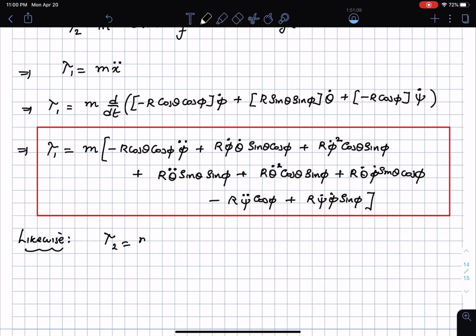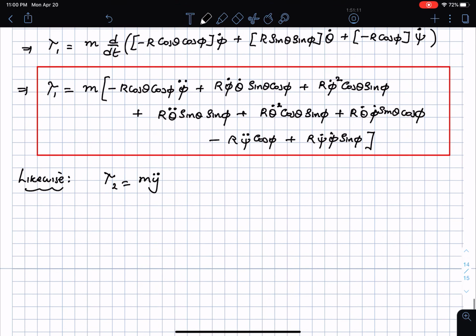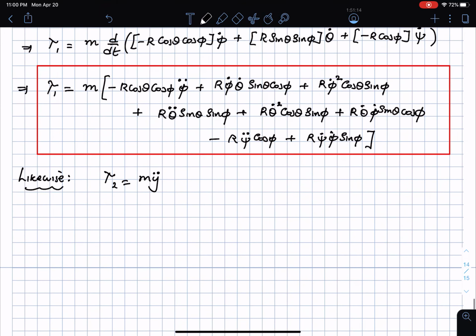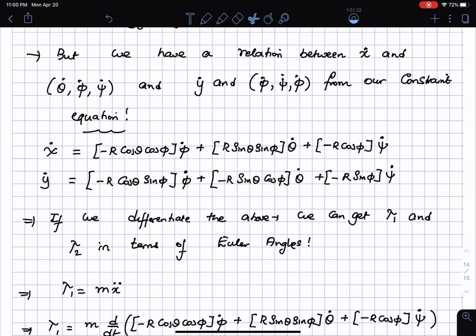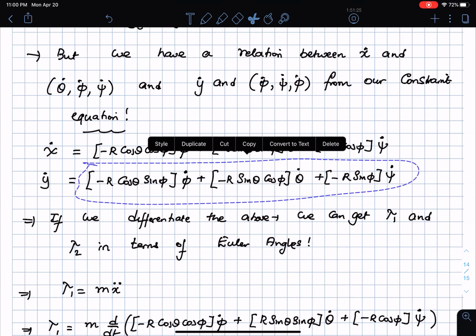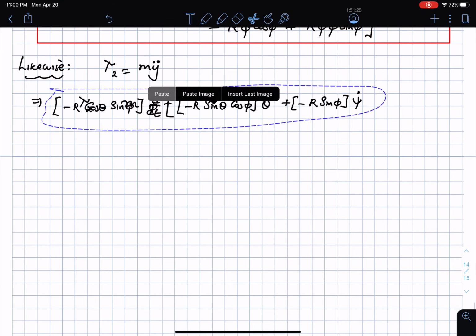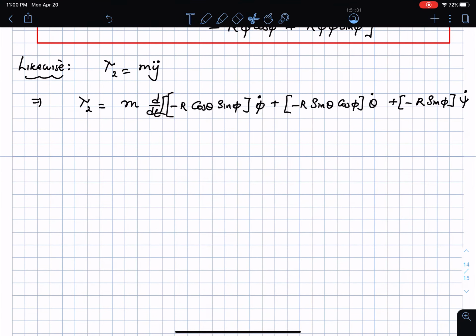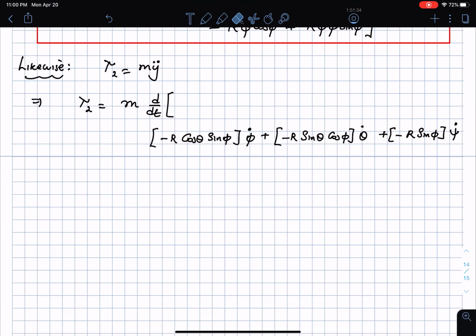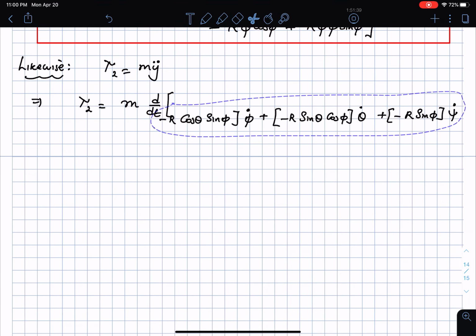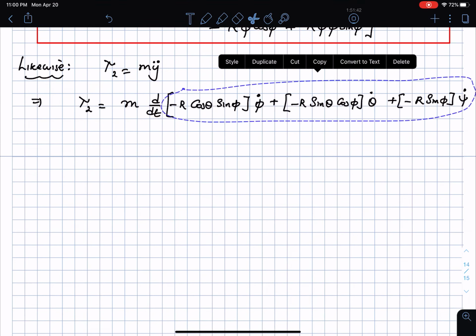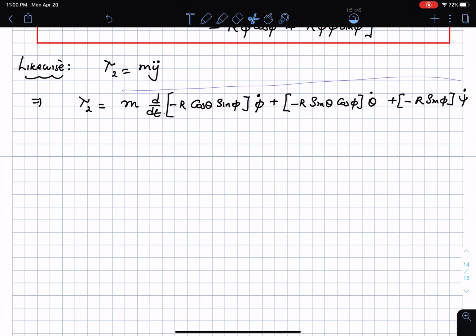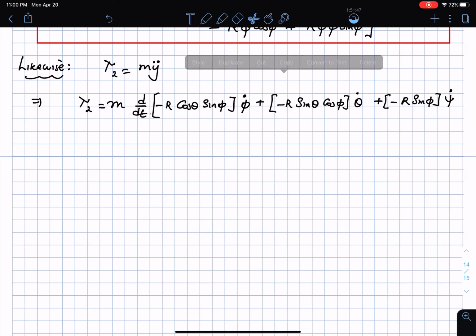Likewise, lambda 2 is m y double dot, which implies that lambda 2 is going to be m times d by dt of the following quantity, which I have to get from here. Copy that and then paste that down here. I guess I can clear up some of these and bring that here, and maybe take this entire thing and slide it down a little so that I have some space.